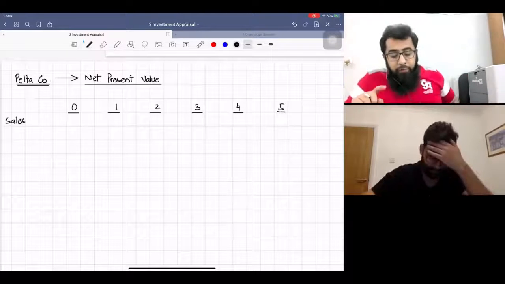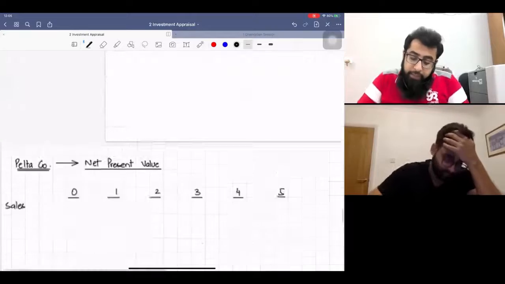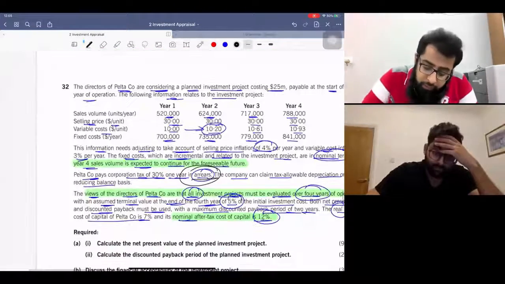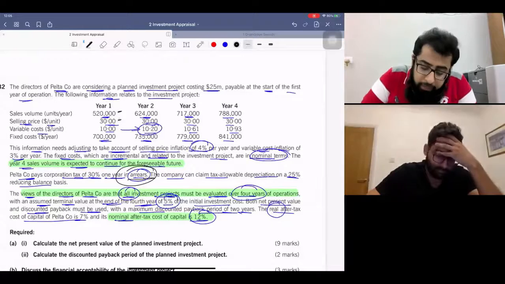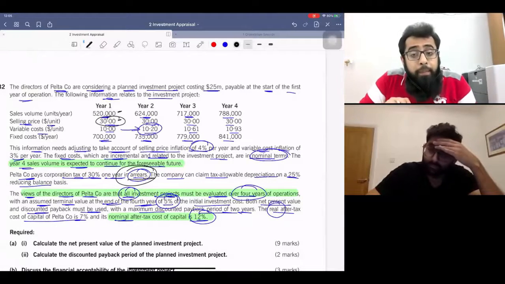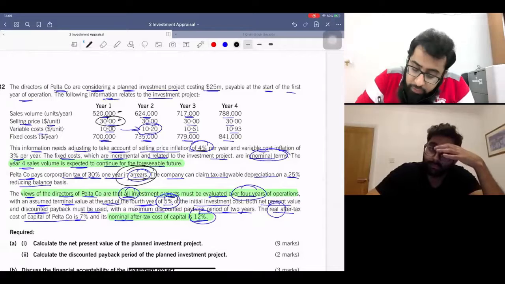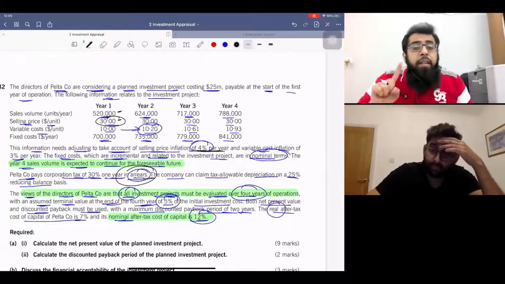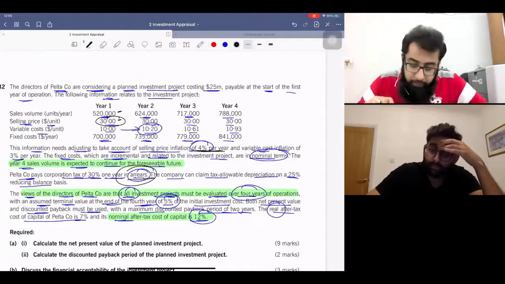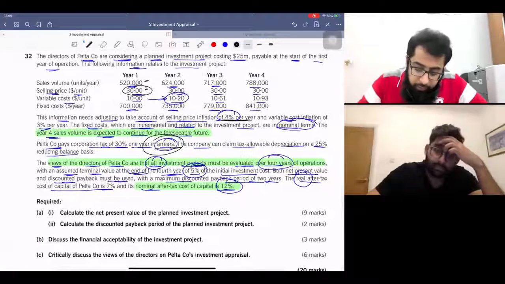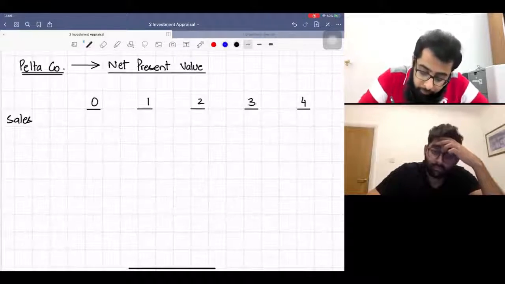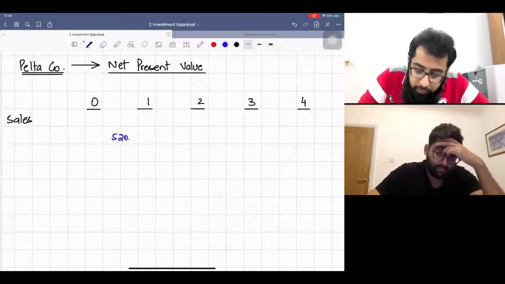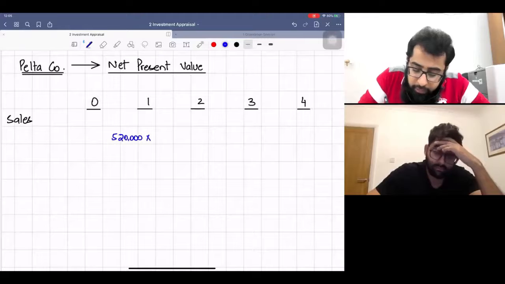Now, listen very carefully to how I will calculate the sales. There are 5,20,000 units. The selling price is $30 in year 1, and the inflation rate is 4% per year. So for the first year, I will inflate it one time. 5,20,000 units multiplied by $30.